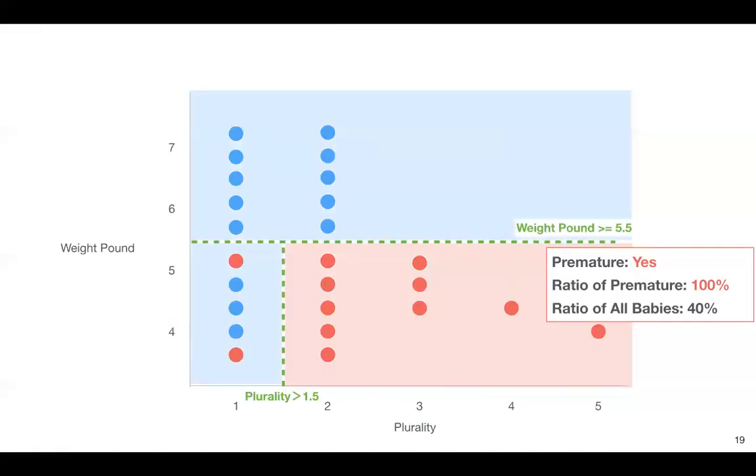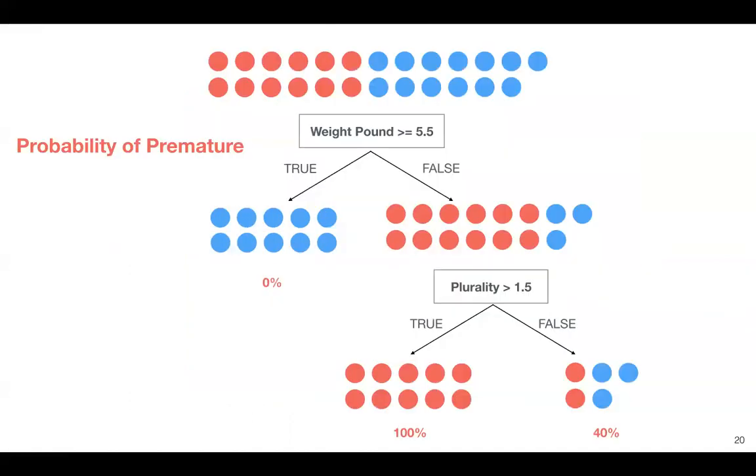Okay, so that can be a little bit complicated, but we have only two variables, so it's relatively easy to understand. But a decision tree basically creates these types of conditions and then creates a tree.